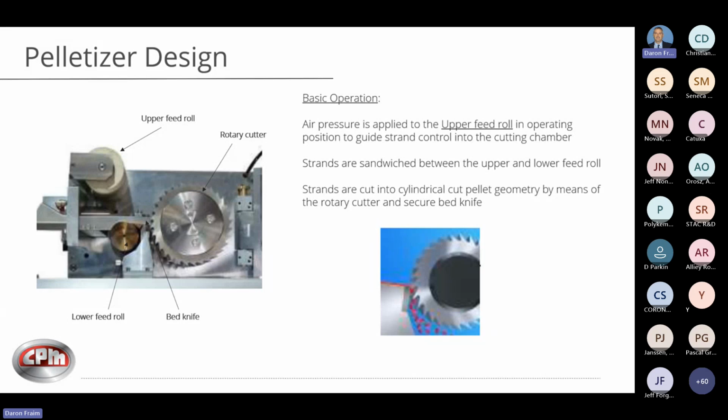We'll touch on some points later about when you start to experience wear. Of course, the rotor cuts the pellet geometry into a cylindrical shape. That rotary cutter can have a different number of teeth and different widths, depending on your needs in terms of number of strands and your throughput rate.